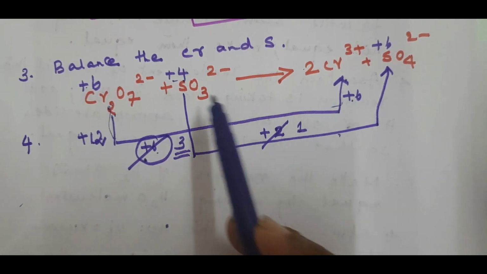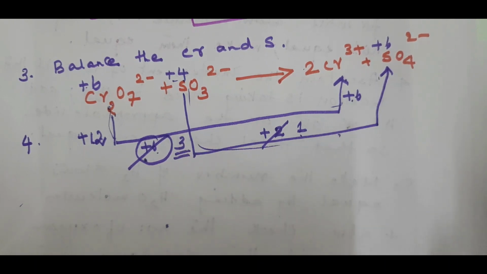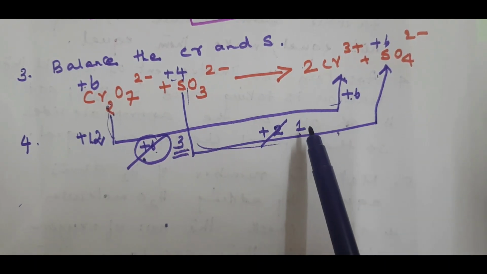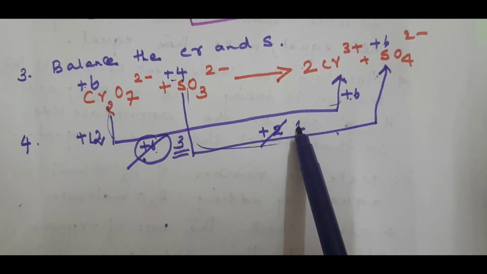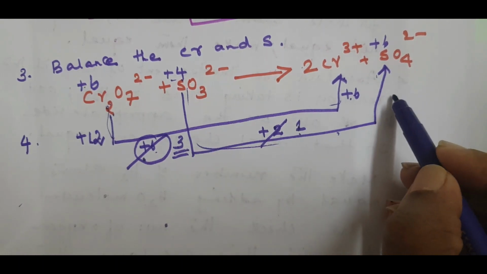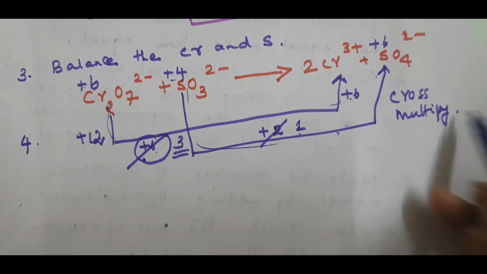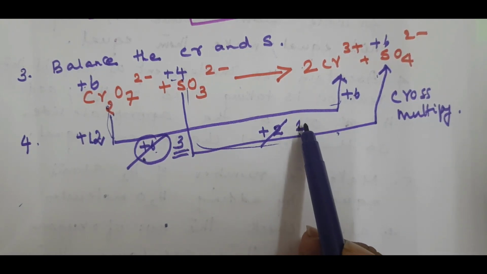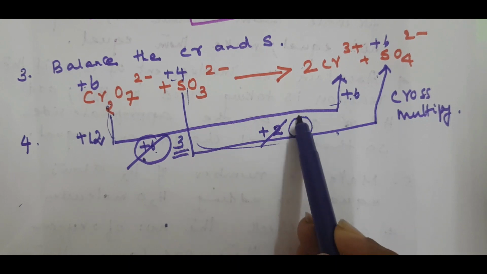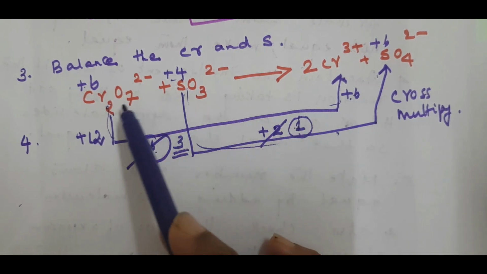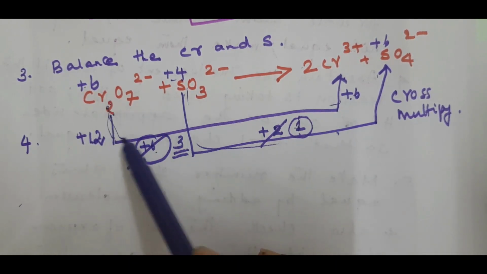Sulfur to sulfur, it is 1. So what you have to do? You have to cross multiply it so that they become equal.